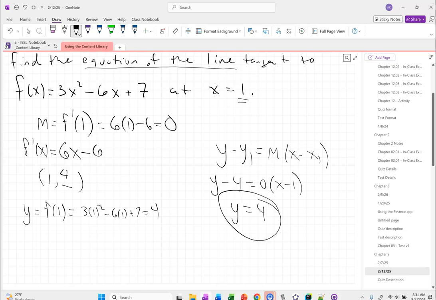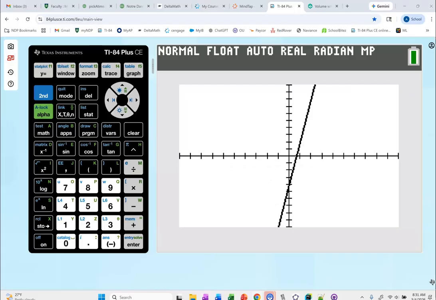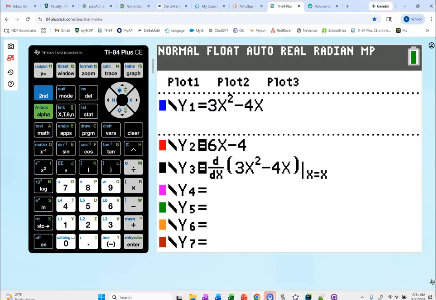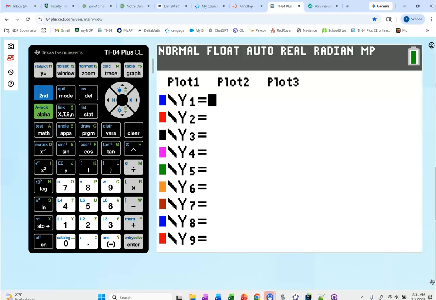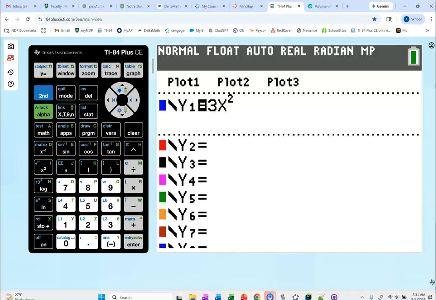Not surprising, since the slope was 0, I have a horizontal line, right? Just to visualize what just happened here, I'm going to graph 2 things on my calculator. All right, so we had 3x squared minus 6x.